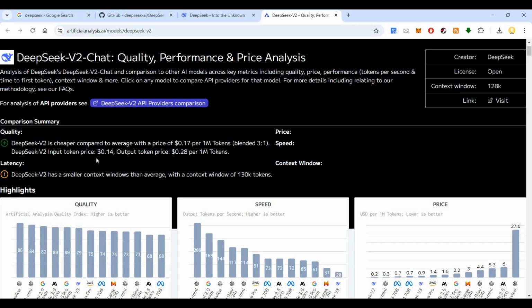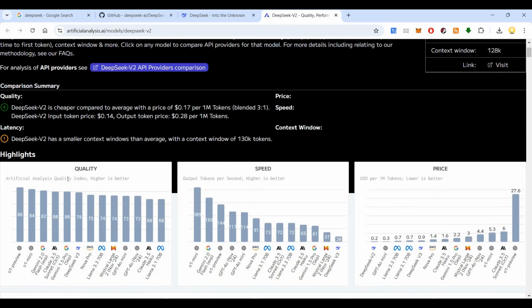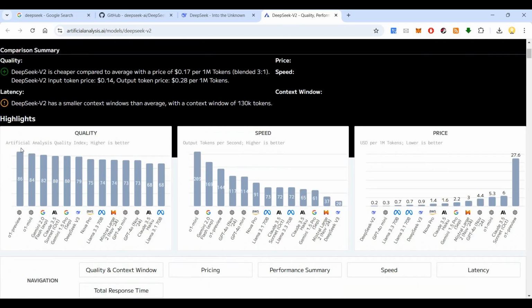DeepSeek V2 input price is around 0.14, where output token price is around 0.28 per 1 million tokens. What it means is that it takes only a fraction of the cost to train this LLM model compared to other systems.